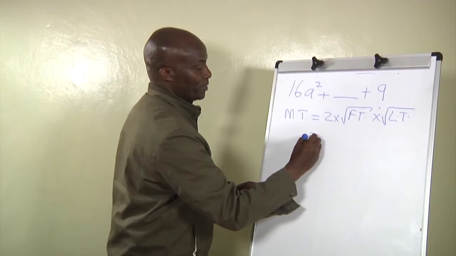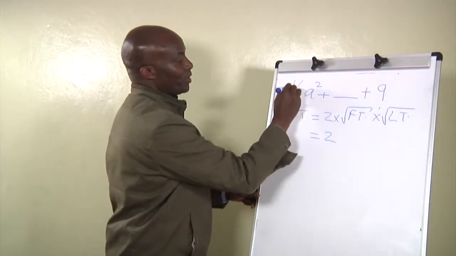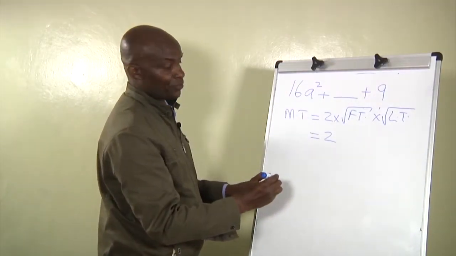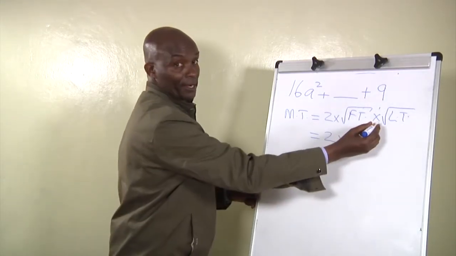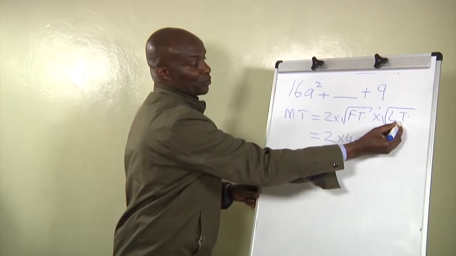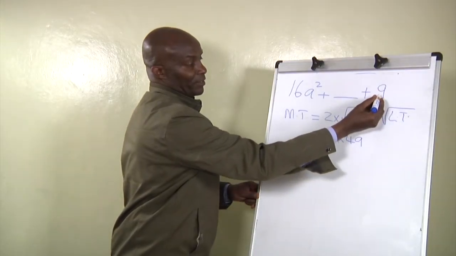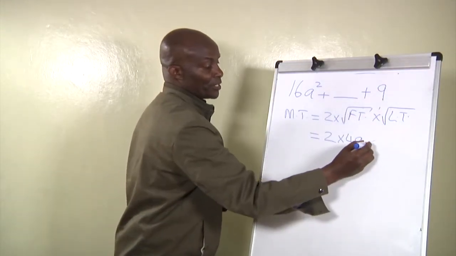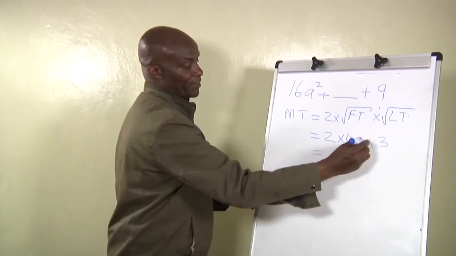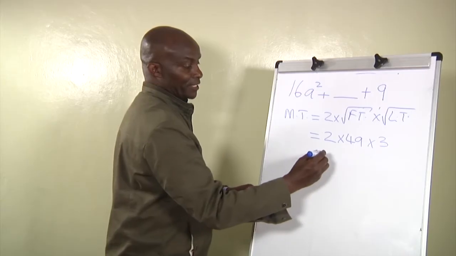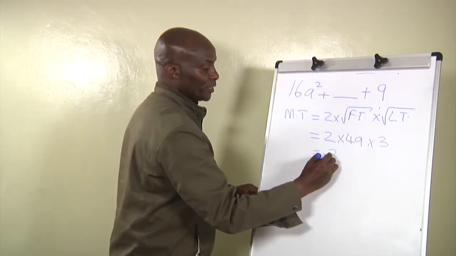which therefore will be 2 times the square root of 16a squared, which is 4a. And then multiply by the square root of the last term. Last term is 9, so the square root is 3. And when you multiply this out, you get 24a.